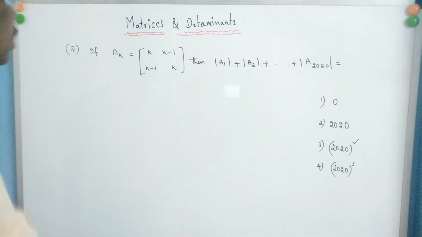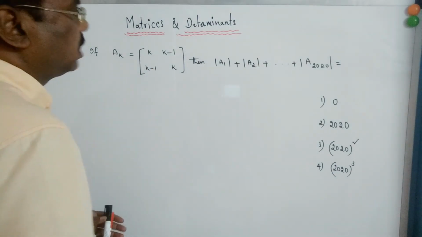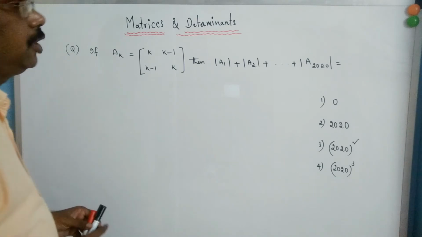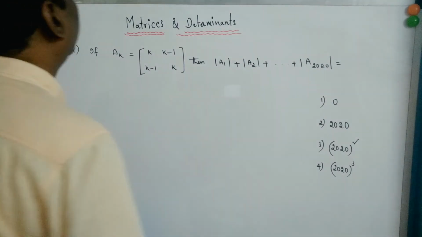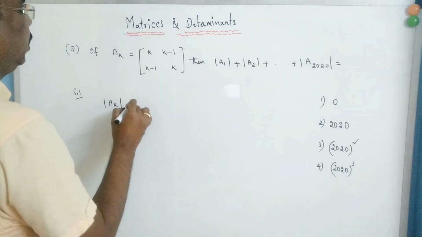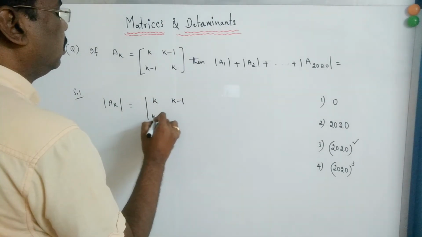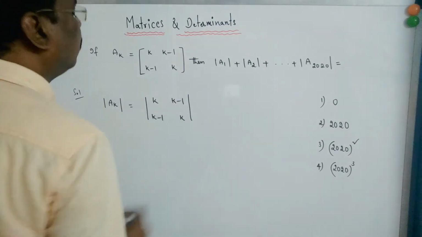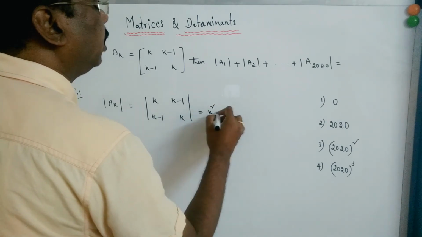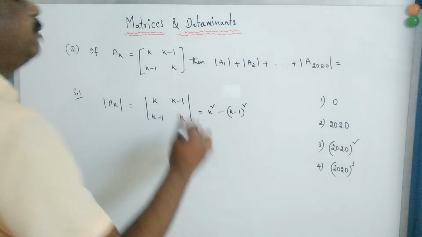Next one. If A K equal to K minus 1, K minus 1, K, then det of A1 plus det of A2 plus so on up to det of A2020 is equal to. Okay, now find first det of A K. Det of A K is equal to det of K minus 1, K minus 1, K. Okay, now K square minus K minus 1 whole square.